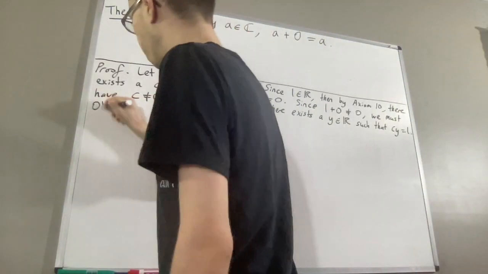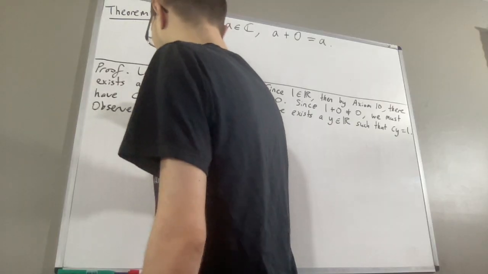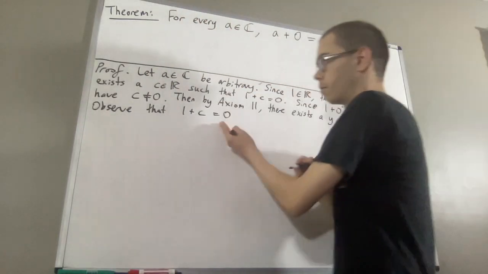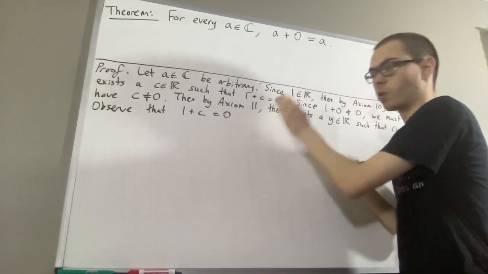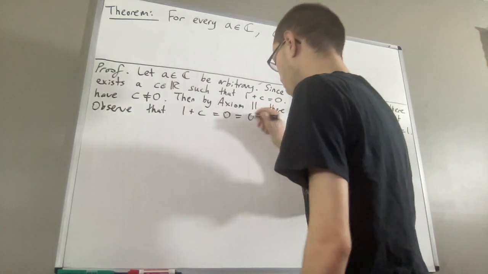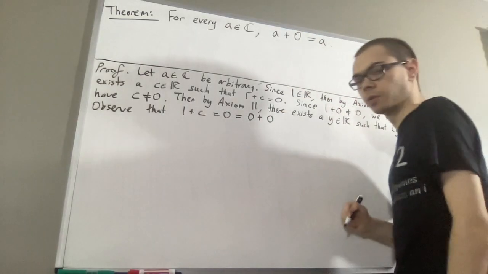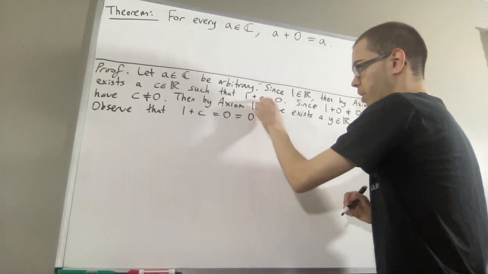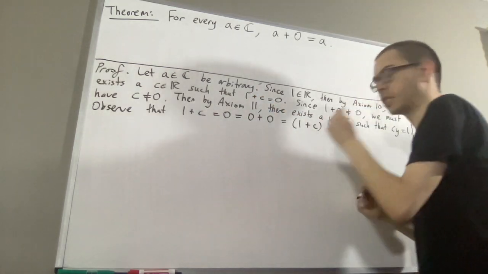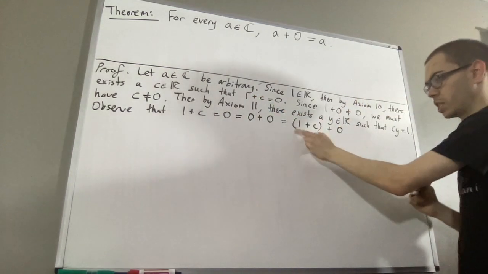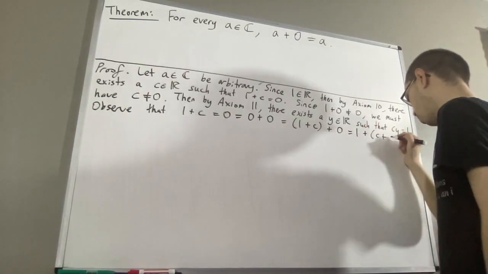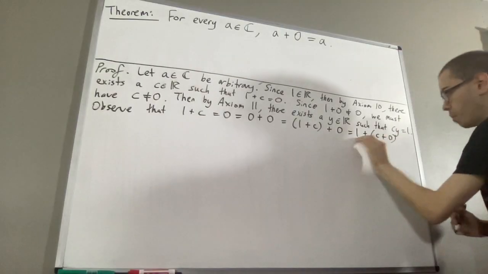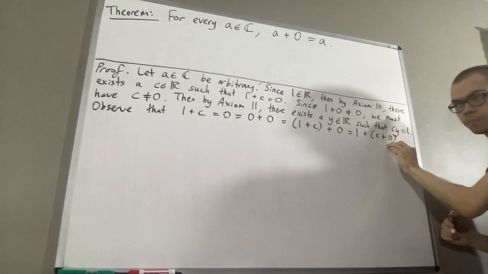Now, observe that 1 plus c is equal to 0, right? That's what we have here. But remember, we've proven that 0 plus 0 is equal to 0. And now let's replace this first 0 with 1 plus c. And then by the associative law of addition, we can move these parentheses around the c plus 0. So we see that 1 plus c is equal to 1 plus (c plus 0).